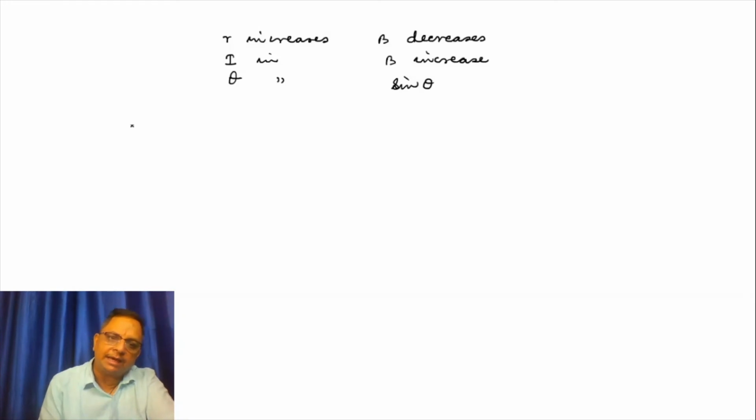Now what will be the direction? Here the magnetic field intensity is a vector quantity, so we calculate in the vector form also.